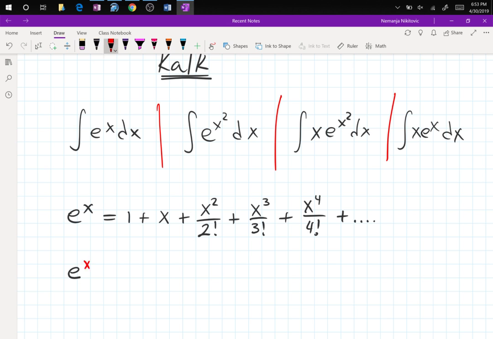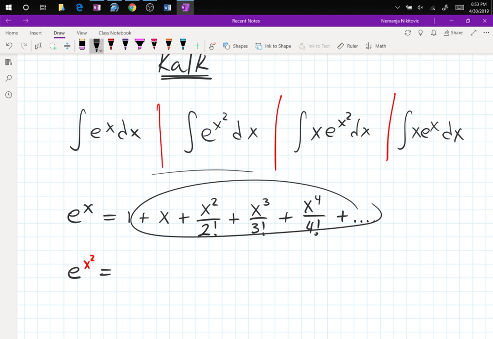Do you see the little x squared over here? Now that is going to run through this equation and replace all x's with x squared. And then you integrate the polynomial.